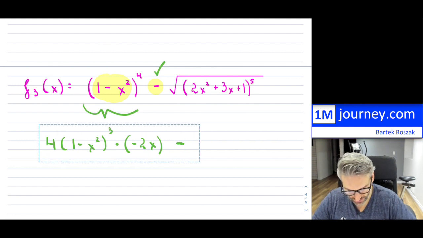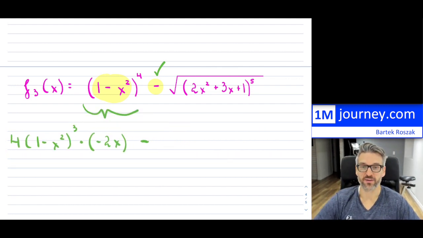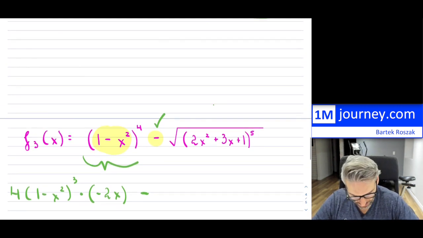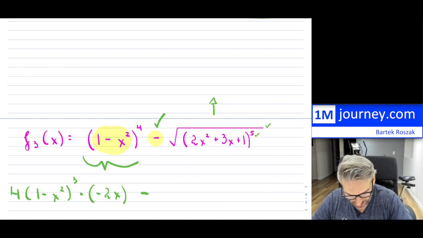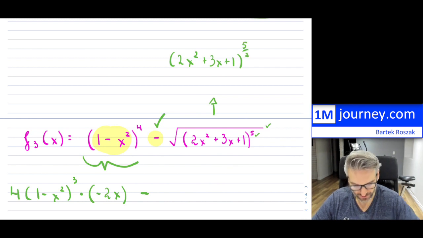So I'm going to shift this over right here, because this is not going to be the prettiest thing to do. Just above here, I'm going to rewrite this. Notice this is a 5, and the square root, so we can write this as 2x squared plus 3x plus 1, to the 5 over 2.